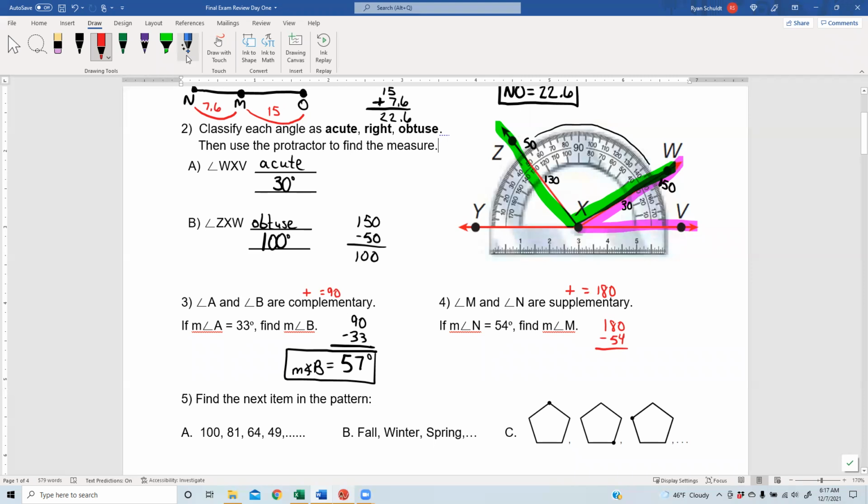So 180 minus 54 is going to give us 126 degrees. So the measure of angle M equals 126.